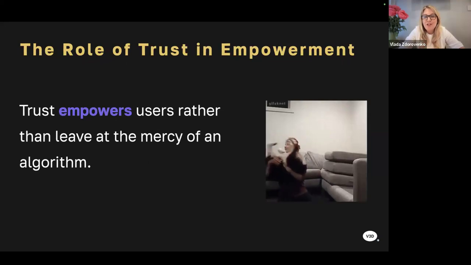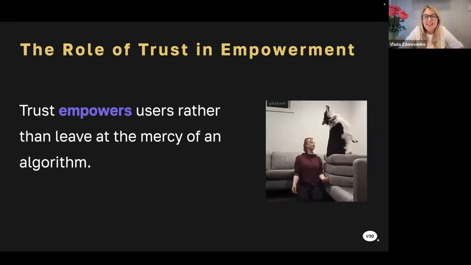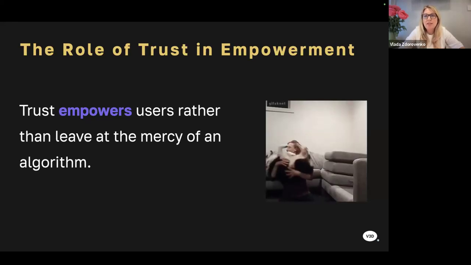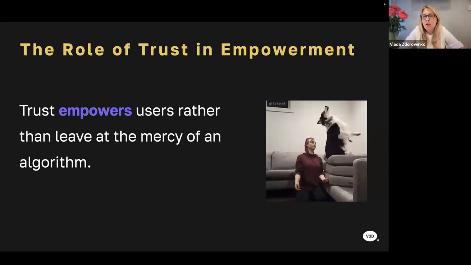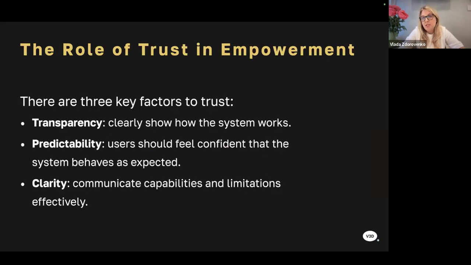And trust empowers users rather than leaving them at the mercy of the algorithm. Understand that you need to ask your users during interviews and surveys what trust means for them, and how you can empower their experience. Key factors of trust: transparency, predictability, clarity, and all these can help build systems that work, and users can feel confidence and believe in the outcomes.